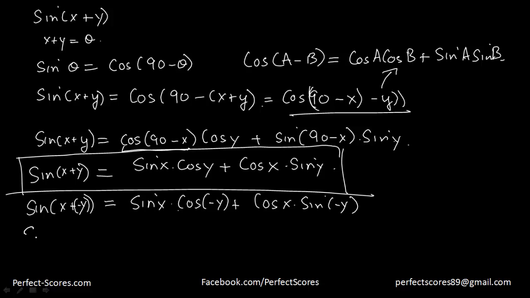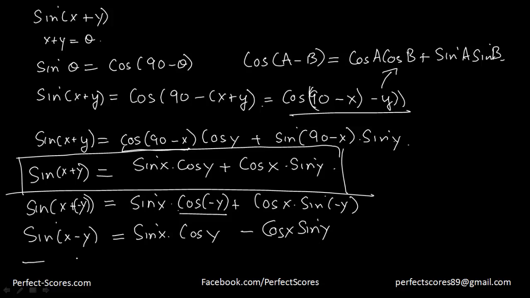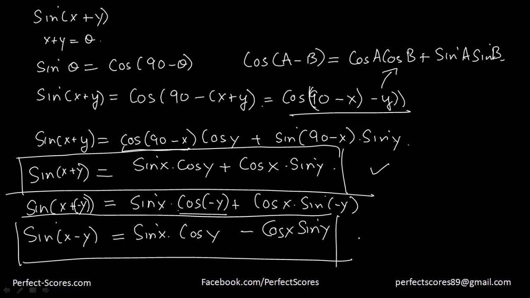Now you know that cosine of minus y is simply cosine of y, no negative coming out. However, over here, this negative will come out, and we'll have the value of sine of x minus y equal to sine x cos y minus cos x sine y. So that is the value of sine of x minus y. Again, these two are very, very important expressions. So I suppose you're understanding this point over here, guys.